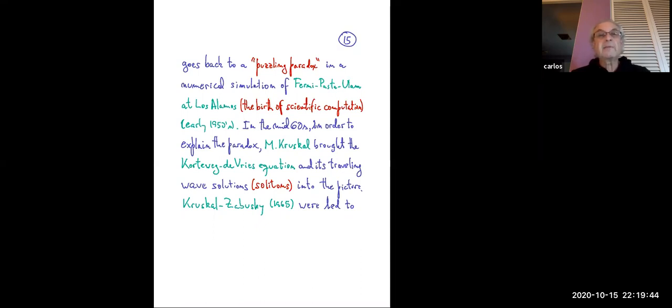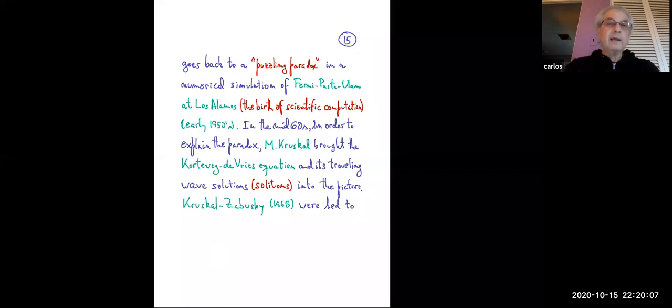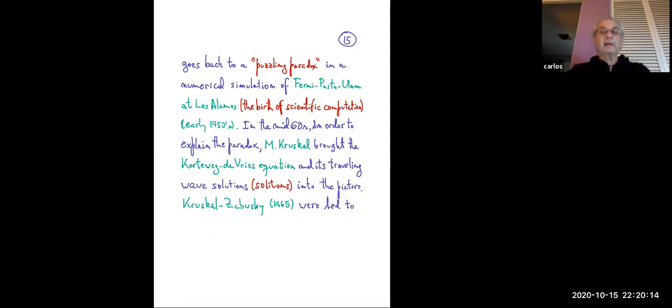They had a nice machine at Los Alamos, which they used for the computations related to the nuclear bomb. Fermi decided that a good use for this machine was to do scientific computation, and he was right. This was a good use for computers, and then a paradox arose out of this numerical simulation. Fermi died soon after, and it remained unresolved for many years.